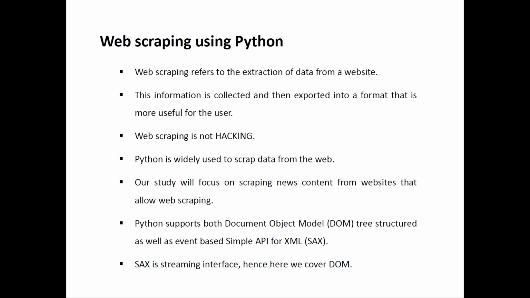Some of the data is static, some of the data is stored in the database. Now, web scraping means you are extracting data from a website. Say, for example, for any news website, you can extract the news that you have on that website. How? That is what we are going to learn today, and we are going to learn it making use of Python.